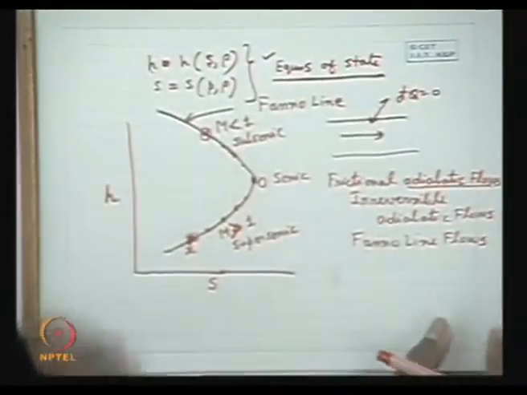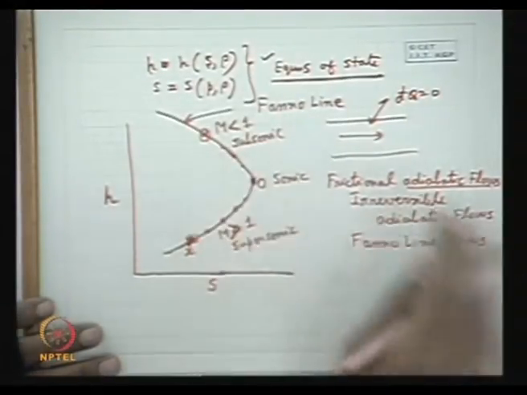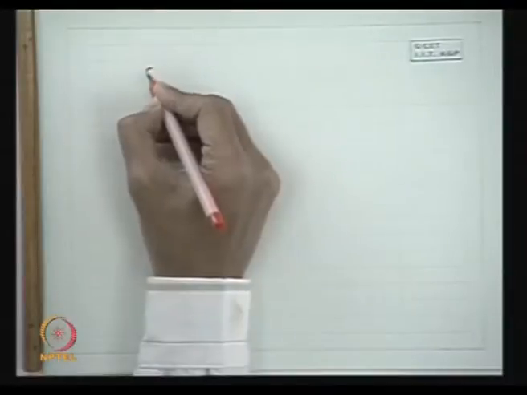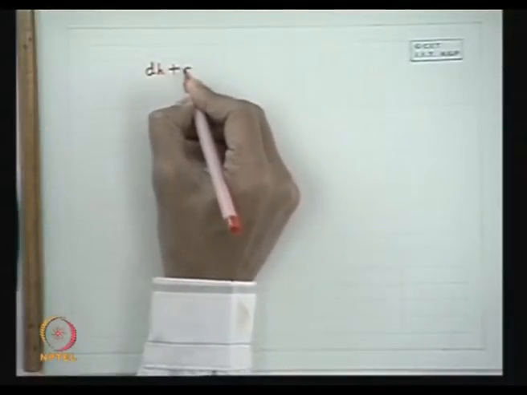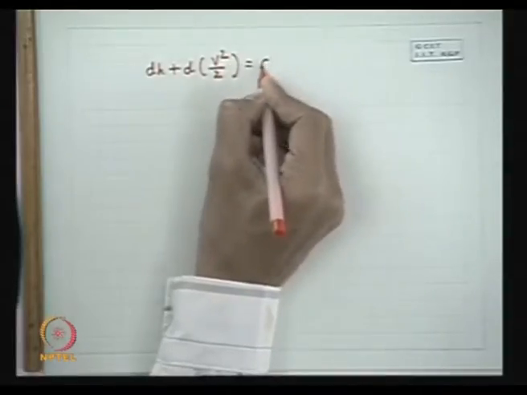Let us consider an infinitesimally small process in any part of the subsonic line. Now you see that the energy equation could be written in this way: dH plus d of V square by 2 is 0 in case of an adiabatic flow.